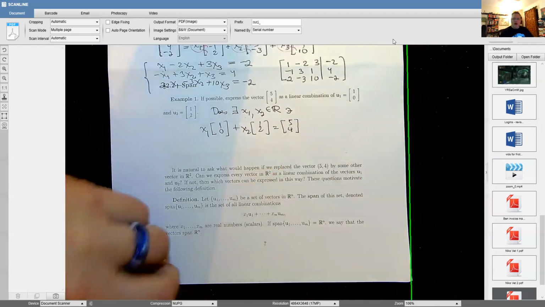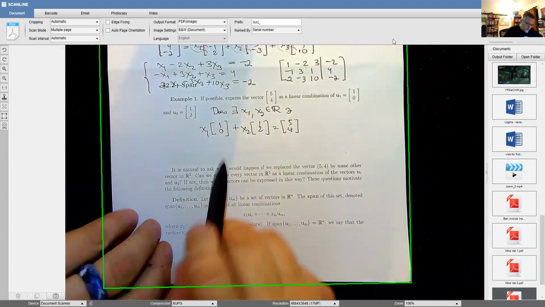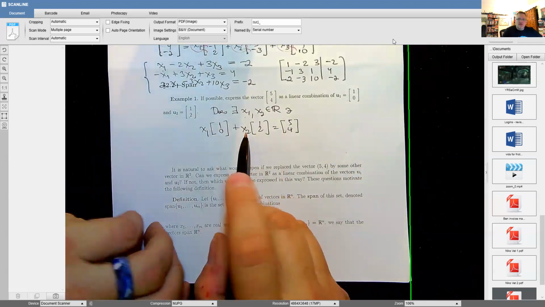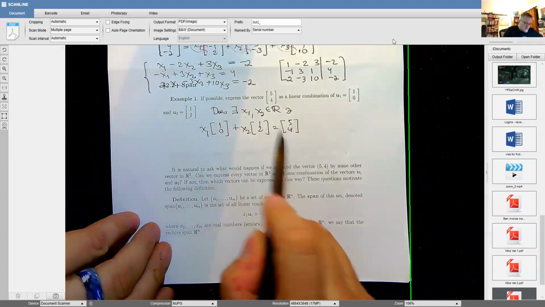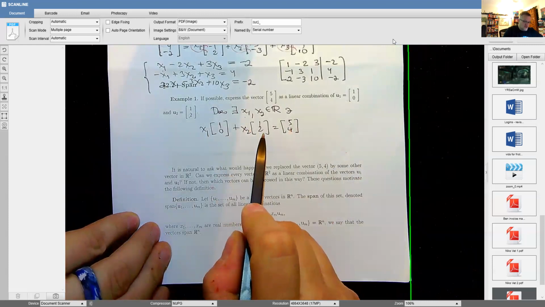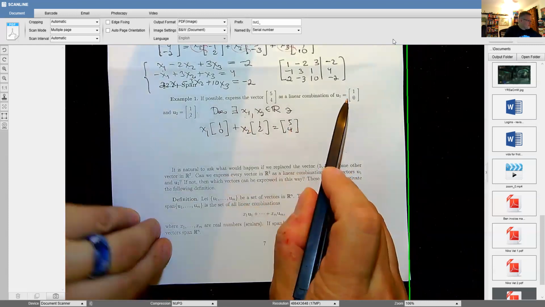So we set up a vector equation whose solution would be the scalars that would work to make this vector represented as a linear combination of those vectors.